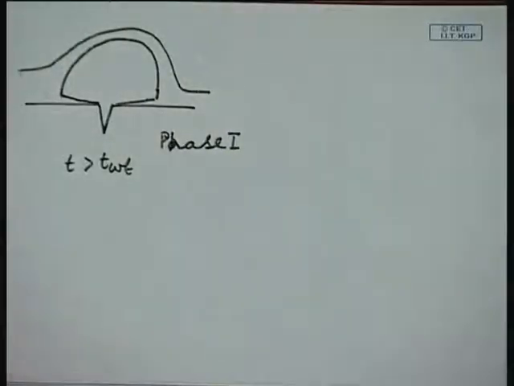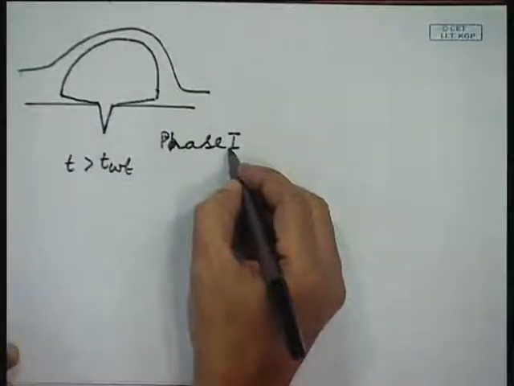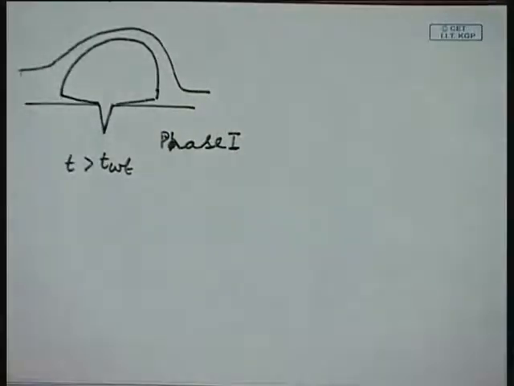In phase 1, the growth is inertia controlled, and here we will find that the vapor bubble will grow almost hemispherically.